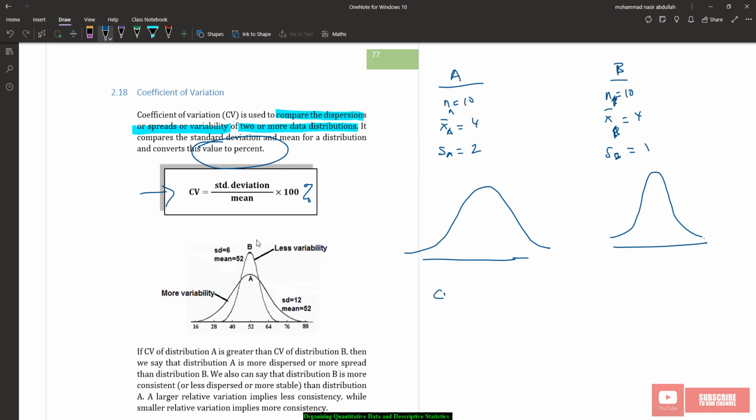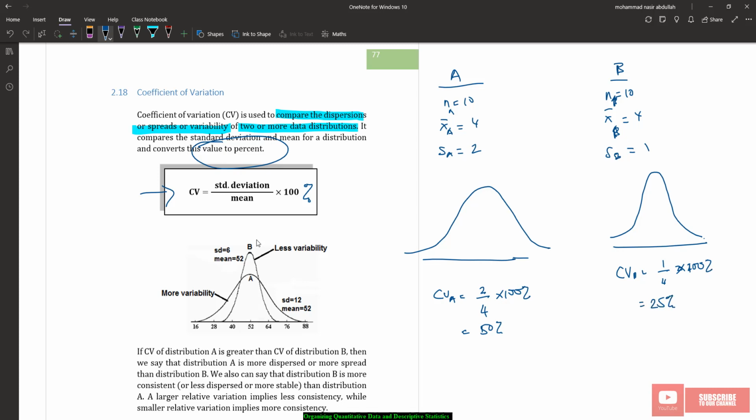For this example, CV of A equals 2 divided by 4 multiplied by 100%, so you will get 50%. And CV of B is equal to 1 over 4 multiplied by 100%, so you will get 25%.